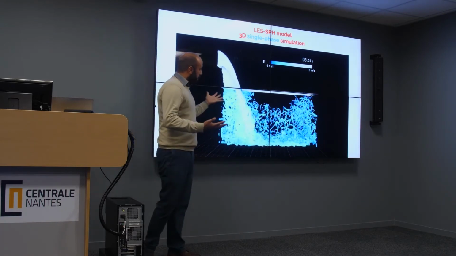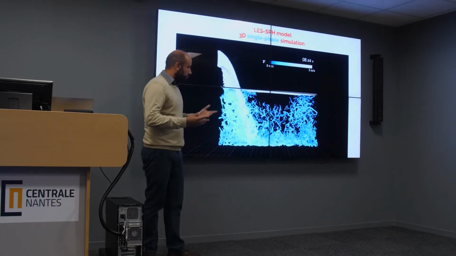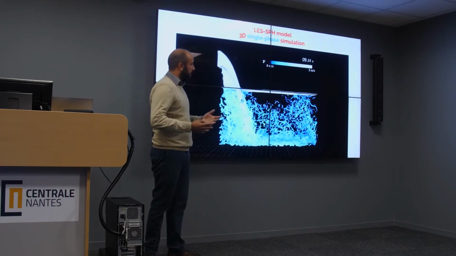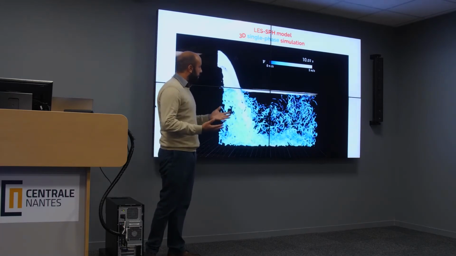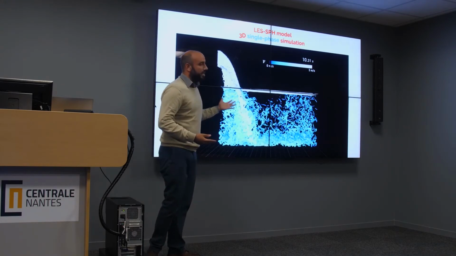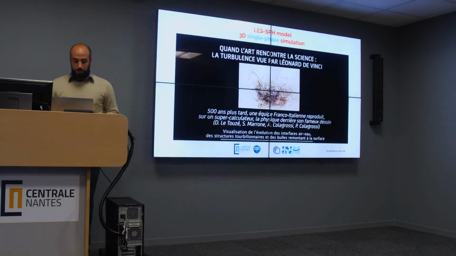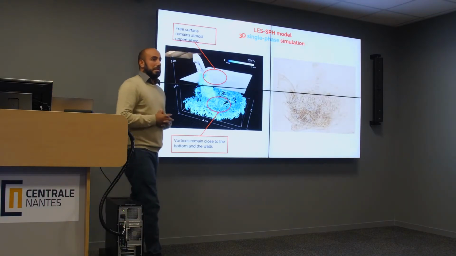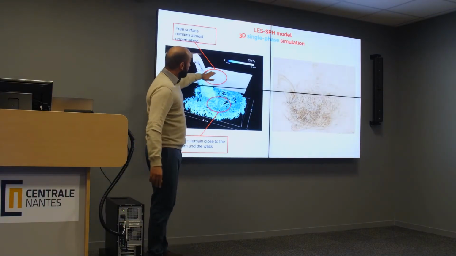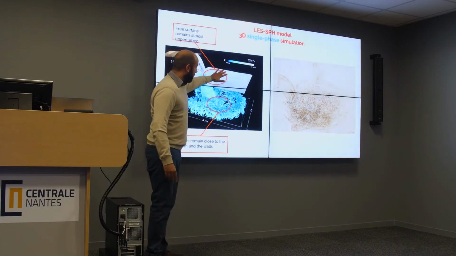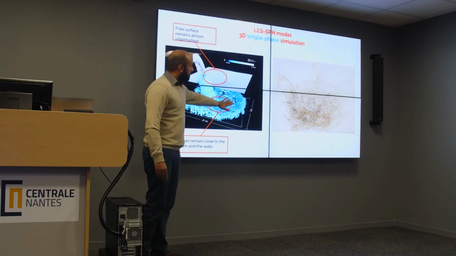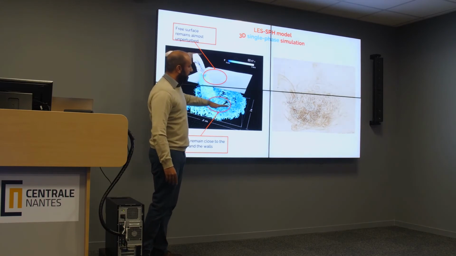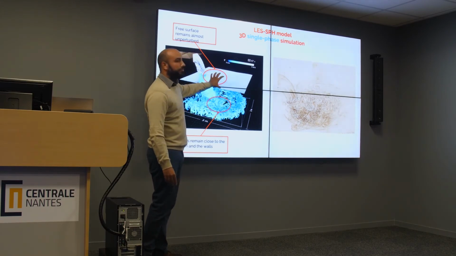Anyway, even if the simulation was very impressive for us, the final comparison with Leonardo's drawing was not so good. The free surface is completely flat, and all the vortex structures are on the bottom. There is nothing in front of the jet.